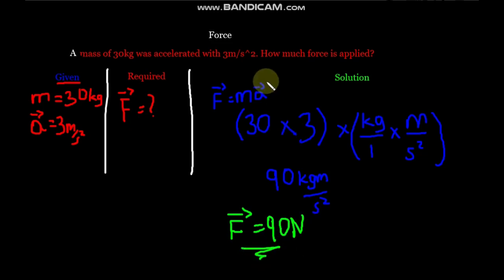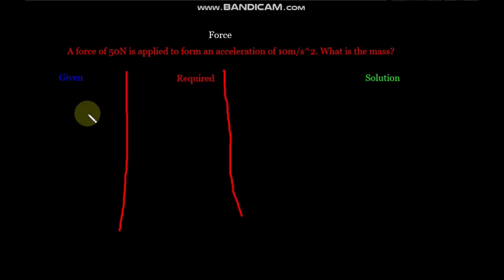Let me give you another question. The question says a force of 50 Newton is applied to form an acceleration of 10 meters per second squared. What is the mass? I've told you the formula of force, but you can derive all of the formulas just by the one I've told you. So try to do this by pausing the video. Okay, so let's take out the given, required, and solution.